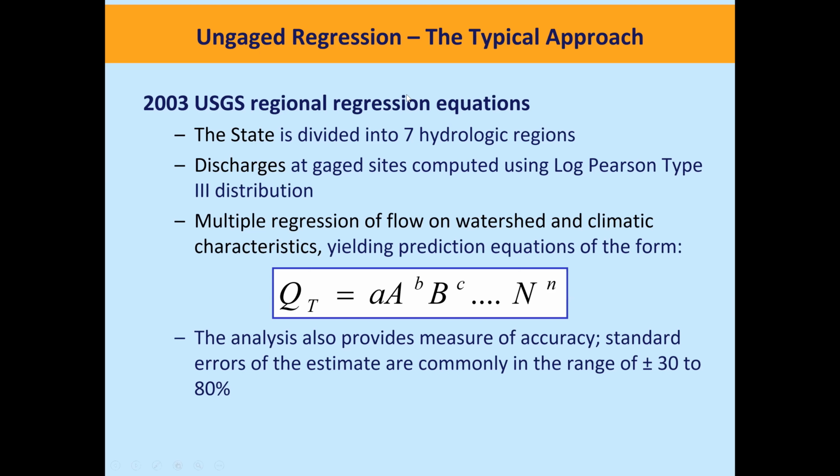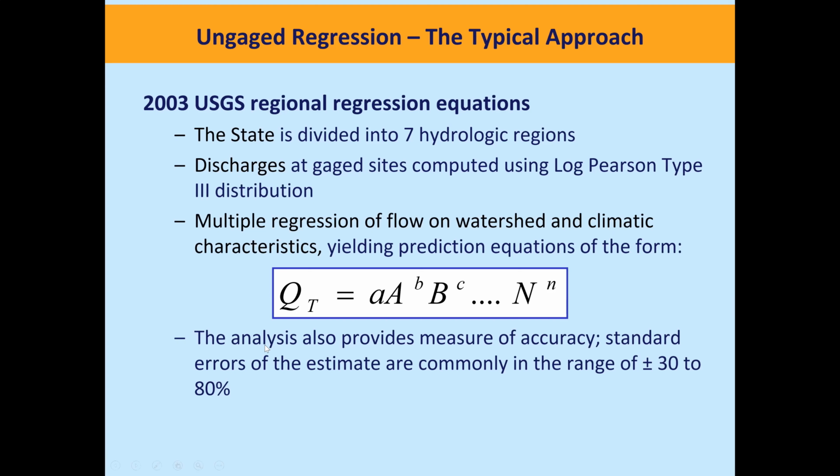And then for all the gauges located in each of those regions, the Log-Pearson type 3 distribution was worked up, and then a whole bunch of different characteristics of those watersheds were thrown at those flows to come up with an equation that could predict flow based on those watershed and climate characteristics. So things like rainfall, watershed area, land cover, things like that. So a different equation was developed for each region.